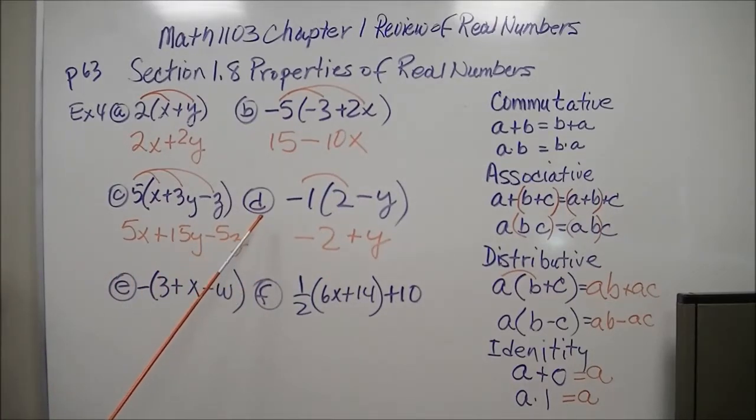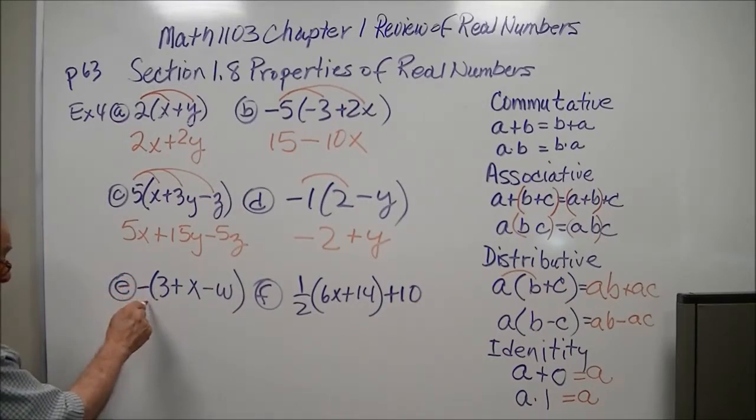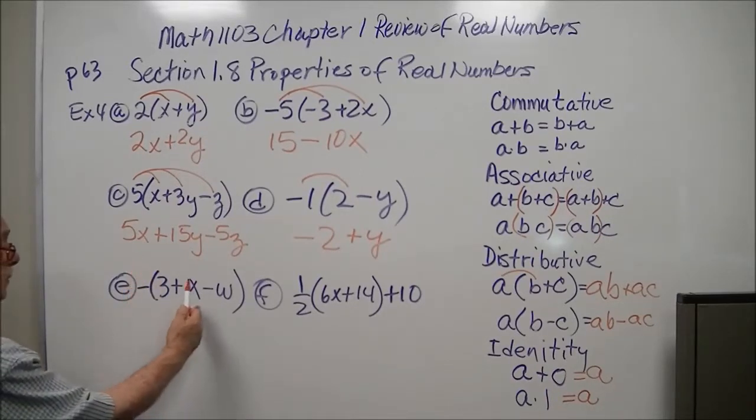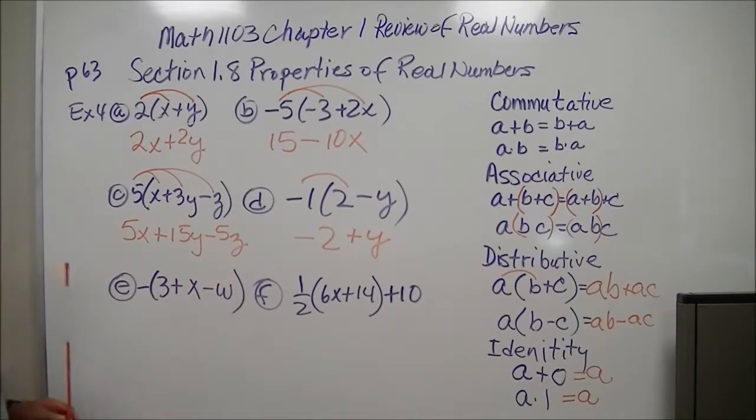Now, another way of showing that you're multiplying by a -1 is just to put a negative in front of a parenthesis. Now, we could put the 1 there if we want, but it's essentially the same. That is, we're going to remove the parenthesis and change all of the signs.